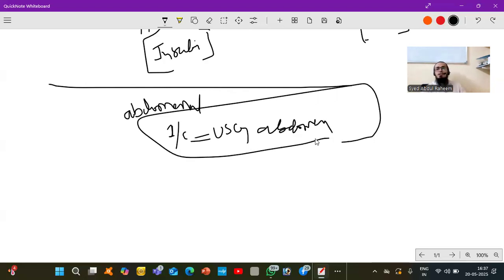After that, if any problem occurs, for example the patient has a vomiting sensation, vomiting is related to the abdomen, abdominal pain is related to the abdomen, loose stools are related to the abdomen. Here abdomen means the gastrointestinal tract. So these symptoms are all related to the gastrointestinal tract.